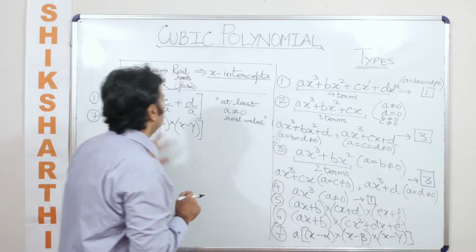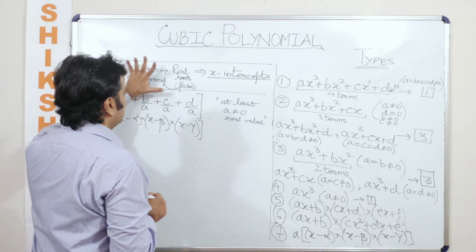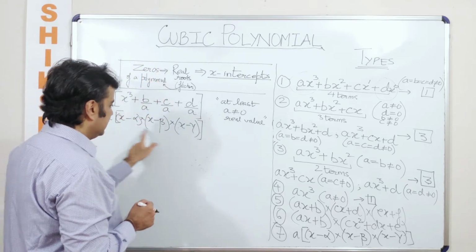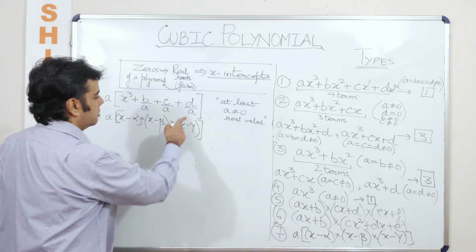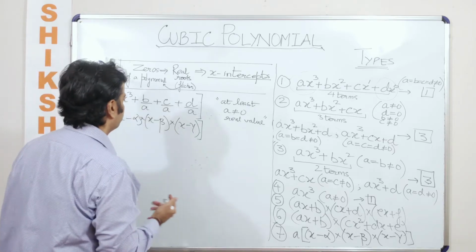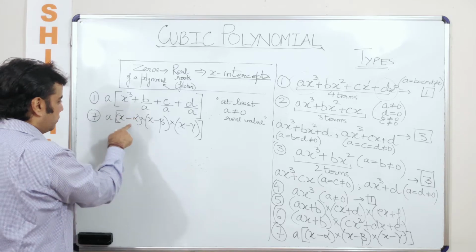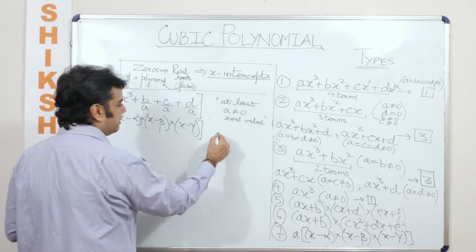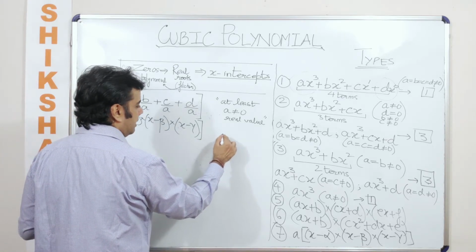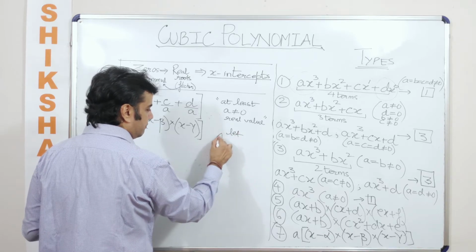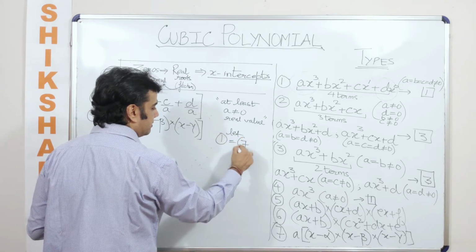So coming back, I hope by now you have understood that we are going to talk about either the real factors or the real zeros. Now what I want you to understand here is, if I equate both of these, let's say I am saying let 1 be equal to 7.